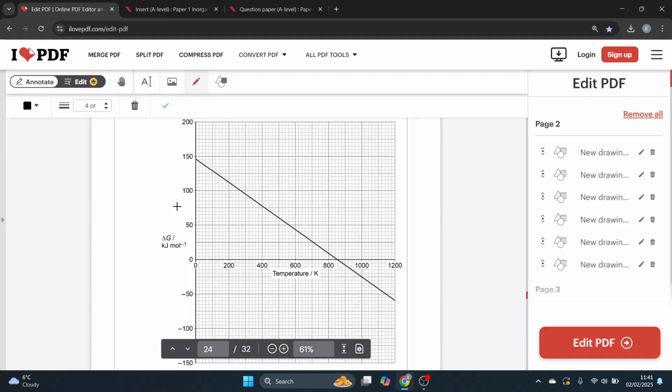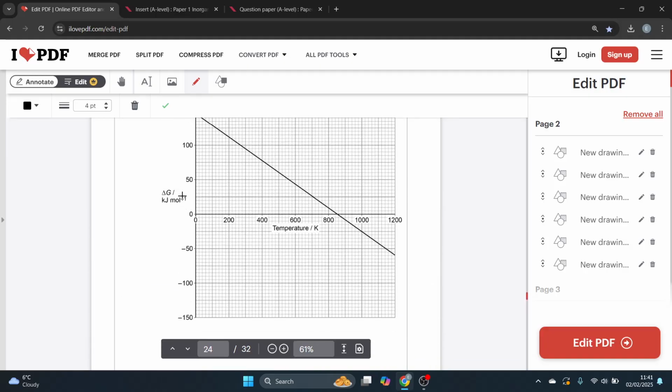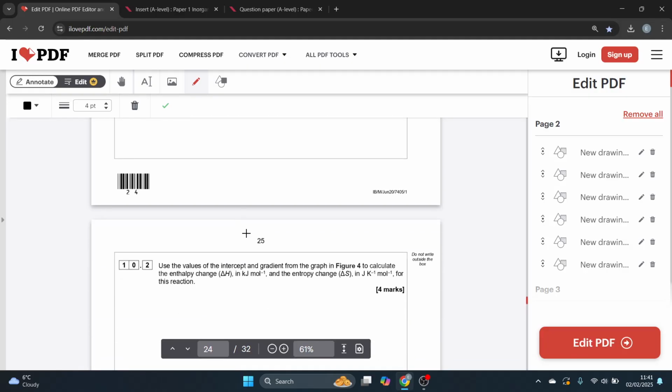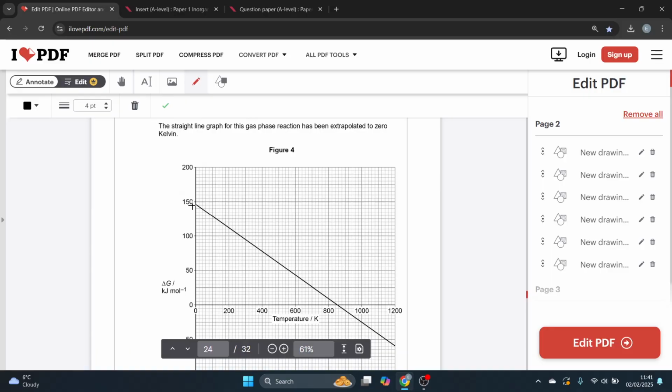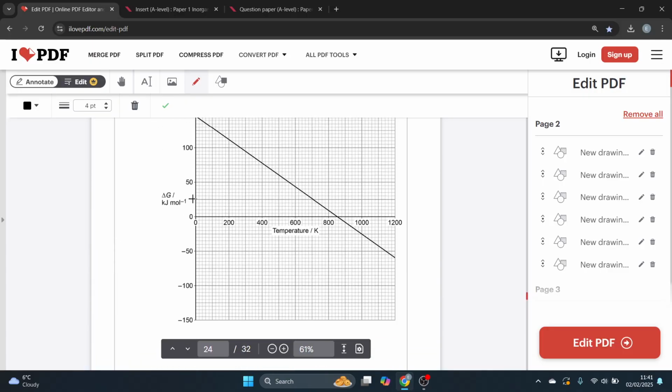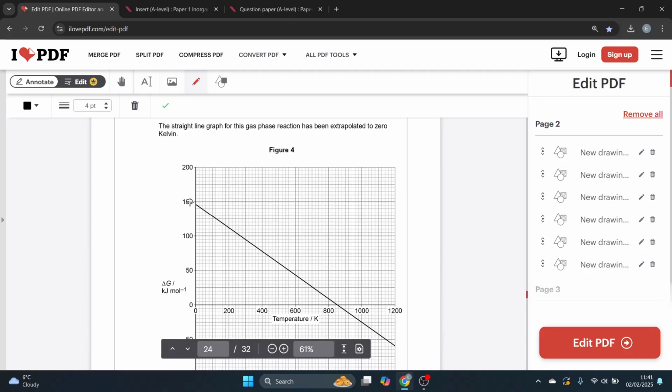So I've got delta G here and temperature here, and I want to find the gradient of the graph. But first things first, I want to use the value of the intercept. The intercept of the y-axis, when x is equal to 0, is here, and that is 145.